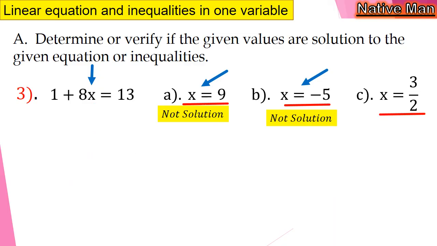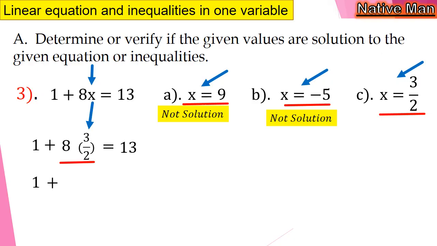Okay, so how about this letter C? X is equal to 3 over 2. So, the same process, substitute po natin sa variable x. So, bring down 1 plus 8. Value ng x ay 3 over 2. So, 8 times 3 over 2 is equal to 13. So, multiplication and addition, unahin po yung multiplication. So, bring down 1 plus, paano po yung multiply yung 8 times 3 over 2?